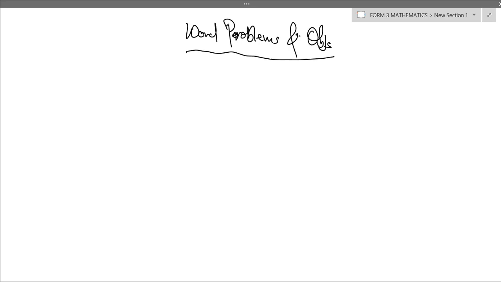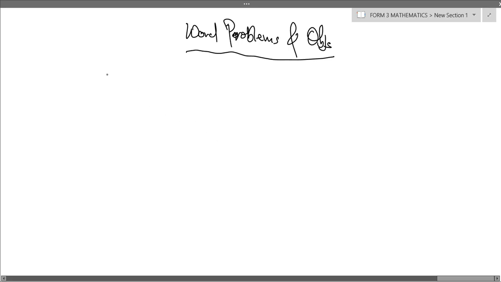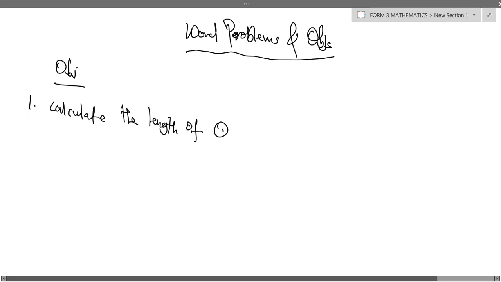Okay, let's deal with the objectives first. Question 1. Calculate the length of QR in the triangle PQR.